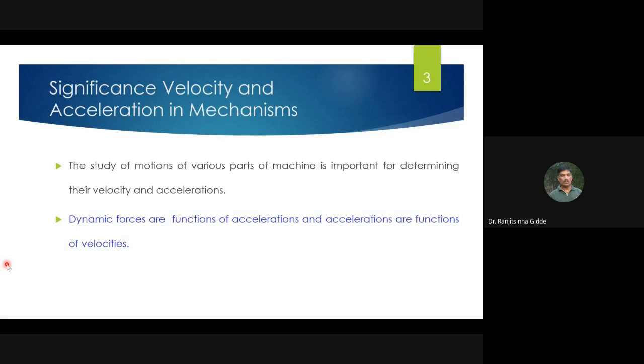And what is velocity? Function of the displacement, that is ds by dt, if we are going to consider s as a displacement. Okay, then you can write hence velocity and acceleration are useful in the design of mechanisms.